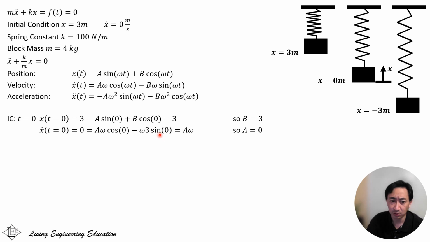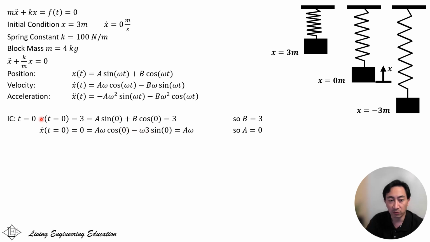Sine 0 is 0. Like I said earlier, cosine 0 is 1. So we get A omega equals 0, so A is equal to 0. If you forget what sine and cosine are at 0, you could draw the unit circle. Remember, sine is the y value of that unit circle. Cosine is the x value of that unit circle along the positive x-axis.